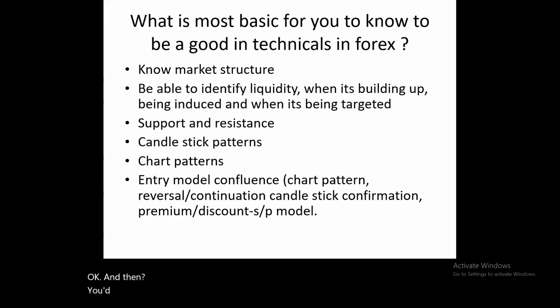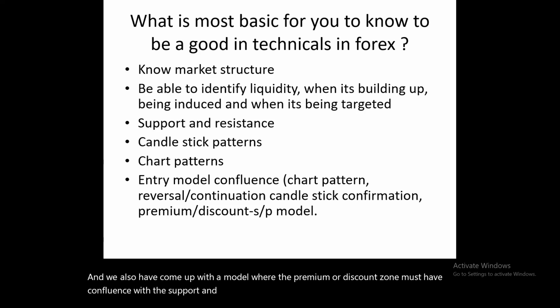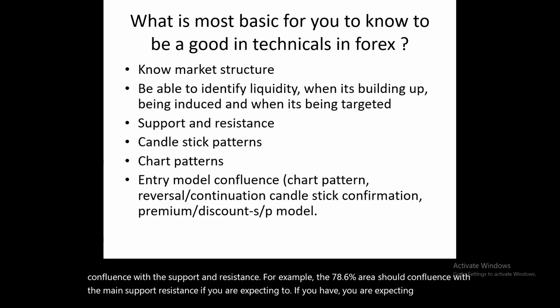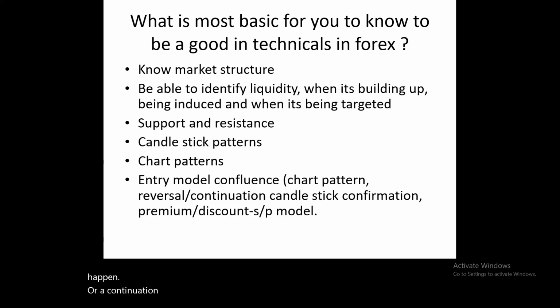We've also introduced ourselves to the premium and discount zone on the Fibonacci. We also came up with a model where the premium or discount zone must have confluence with support and resistance. For example, the 78.6% area should have confluence with a main support or resistance if you are expecting a reversal or a continuation to happen, and price has given you an indication or a break of structure already.